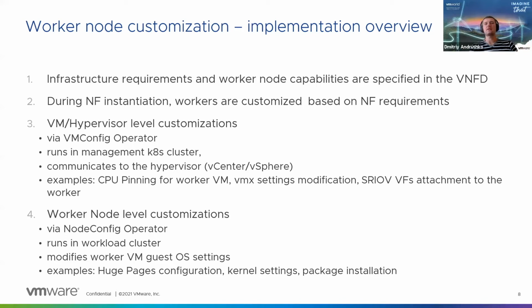Examples of these settings are putting your virtual machine onto a particular NUMA node, or attaching or detaching required network adapters or SR-IOV settings, or PCI devices passthrough. All these are done for the virtual machine itself at the hypervisor level.